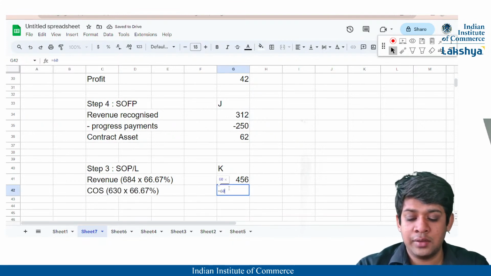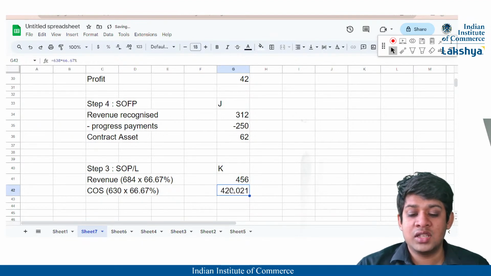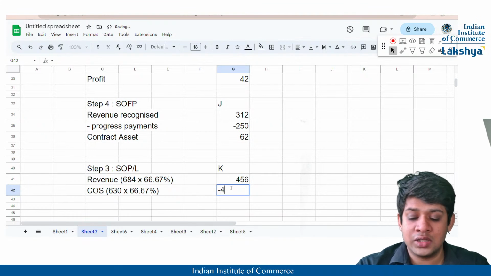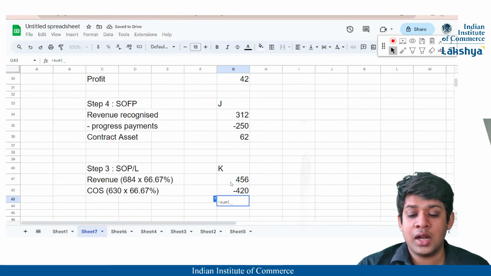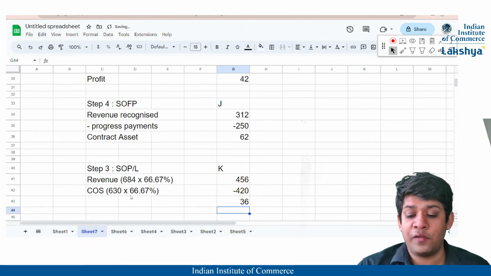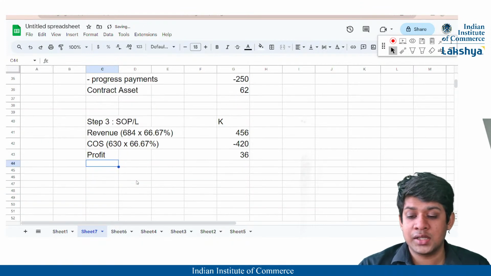So it will be 630 into 66.67%, which gives us technically 420. So I'll just directly deduct 420. And the profit that we get for the year is going to be nothing but 36, right?